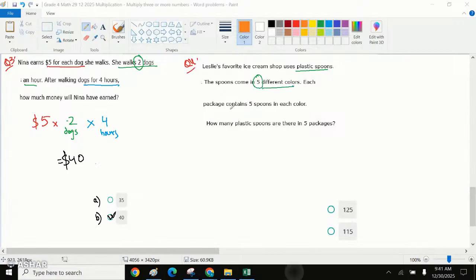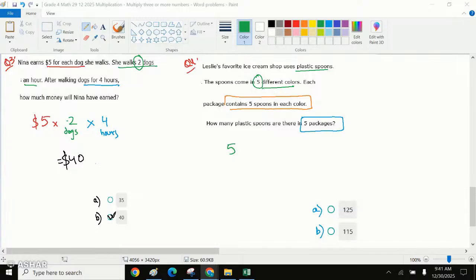Each package contains 5 spoons of each color. Very similar to which we already did. And there are 5 packages over here, right? Option A and option B. That means there are 5 different colors, right? Can I have the answer? Yes, thank you, May. It is 125.